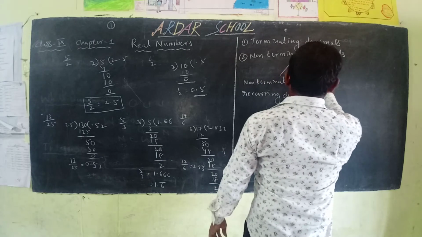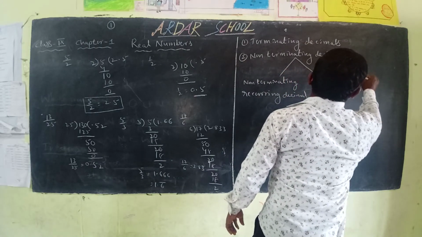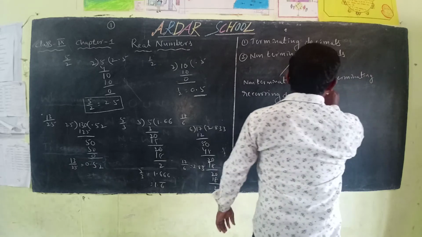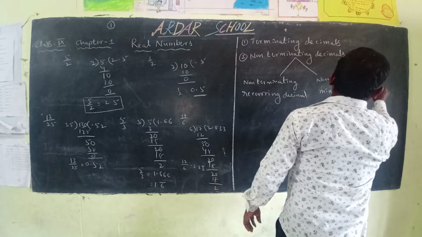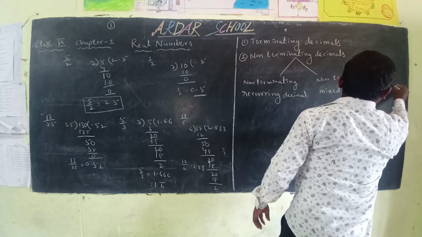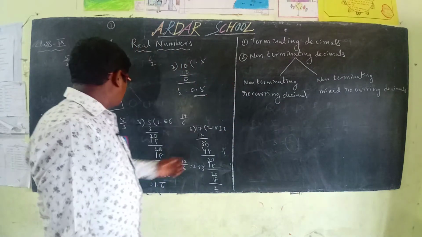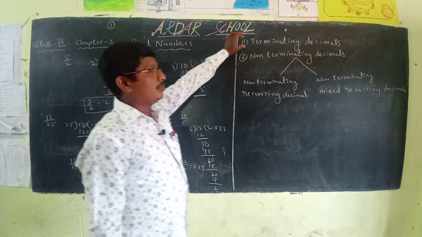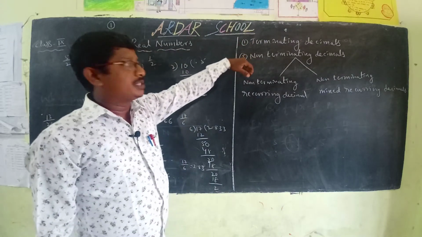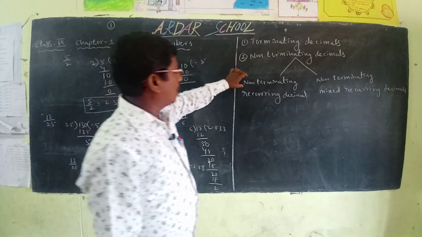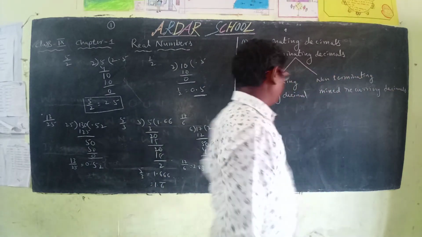Second one is non-terminating mixed recurring decimal. So decimals are of two types: terminating decimals and non-terminating decimals. Again, non-terminating decimals are also of two types: non-terminating recurring decimal and non-terminating mixed recurring decimal.